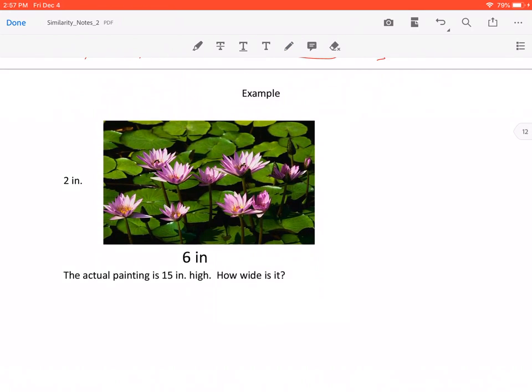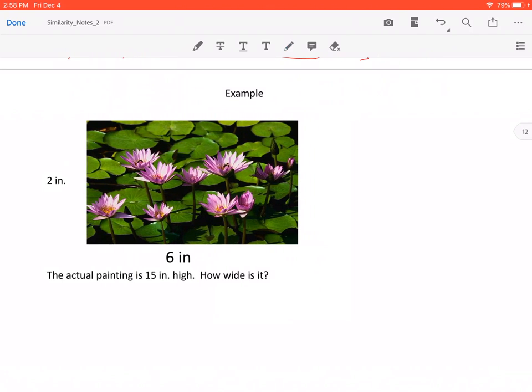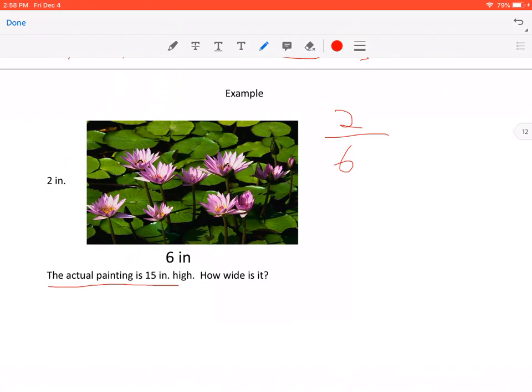Typical problems you'll see. Just set the problem up. So it looks like we have a small version of a painting or picture, and it is 2 inches by 6 inches. So I can go ahead and write that ratio. The actual painting is 15 inches high, so when I go to do my next proportion, where does 15 go, top or bottom?